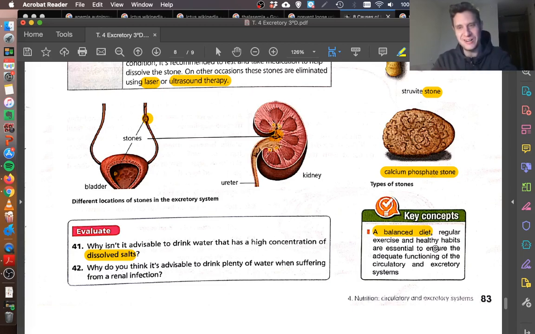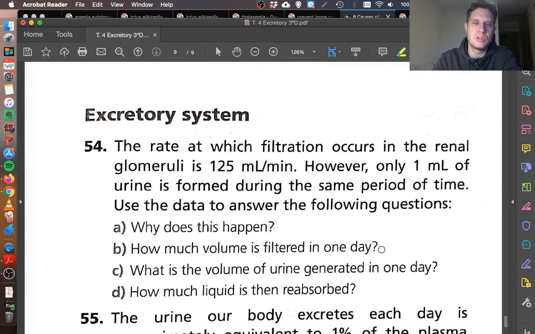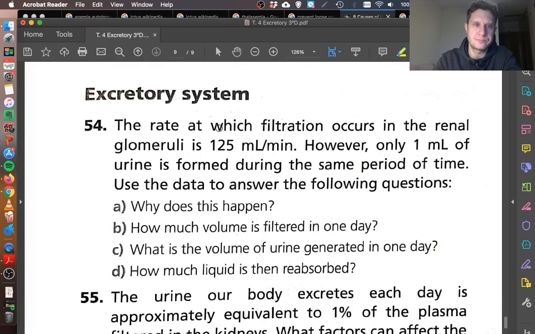We're almost there. Regular exercise and healthy habits are essential to ensure the adequate function of the circulatory and excretory system. Very good. Now I'm going to talk about these exercises.